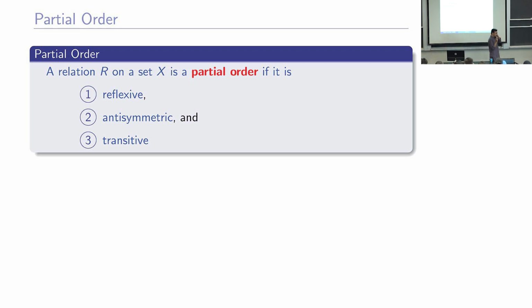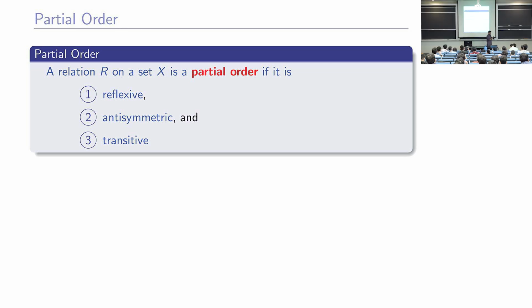So, the difference between an equivalence relation and a partial order is this. A relation on a set X is called a partial order if it is reflexive, antisymmetric, and transitive.